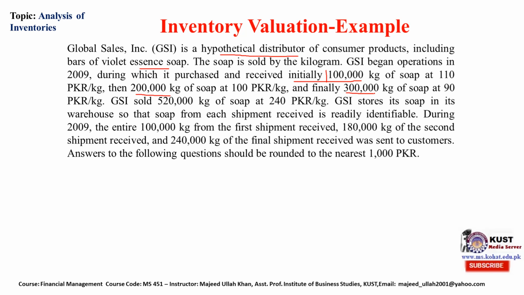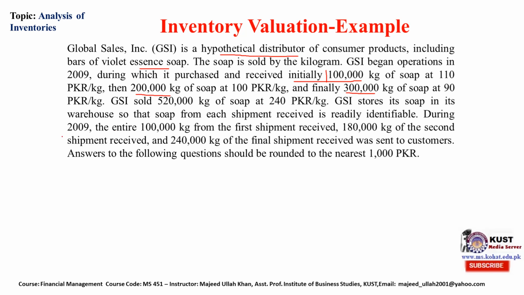So there are 100 plus 200, 300 plus 300, 600 kg of soap purchased but at three different price levels. Now they sold 520 kg of soap at a rate of 240. Global Sales Incorporated stores its soaps in its warehouse so that the soap from each shipment received is readily identifiable. I mean they store and identify which order is placed in which place.